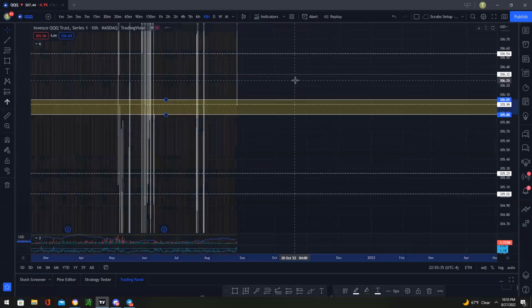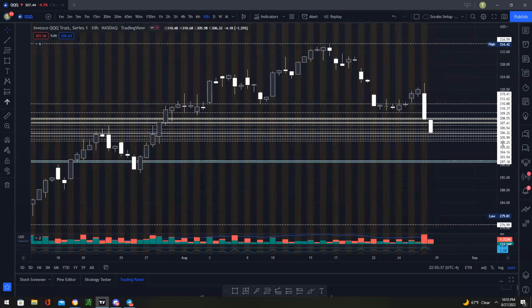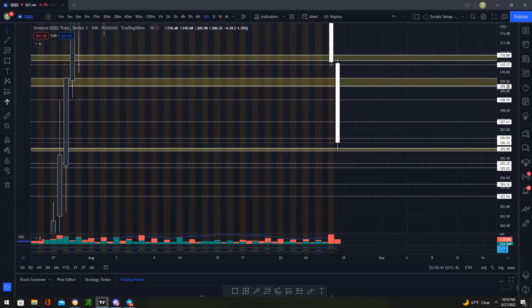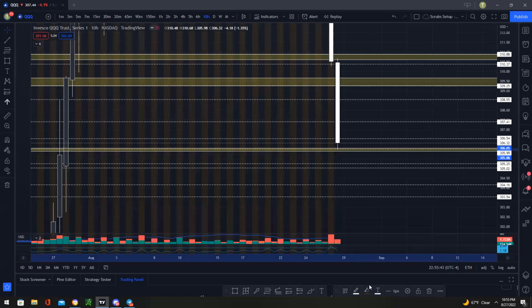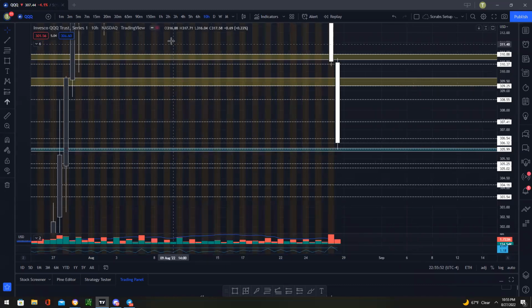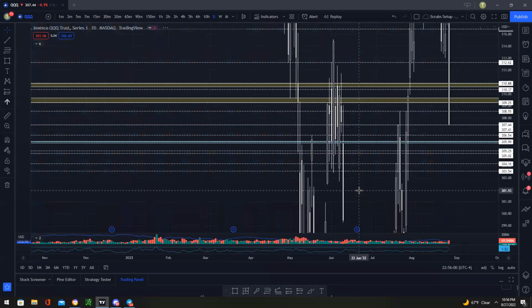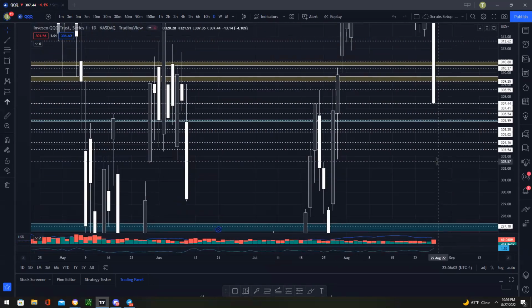And then we go down to 10 hour, and now they look cleaner, right? So we just pretty much have all of our levels. We know, oops, this is blue right there. So now it's pretty much saying if we drop below 306, then we go to 305, 304, 303.50, and then there's probably something somewhere down here.